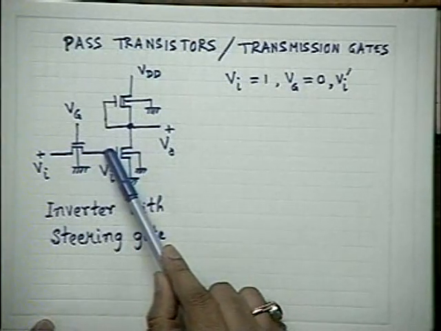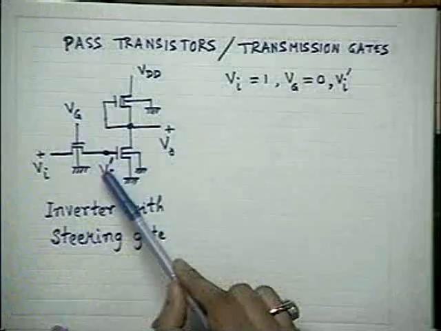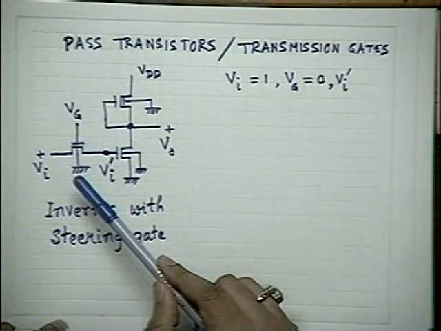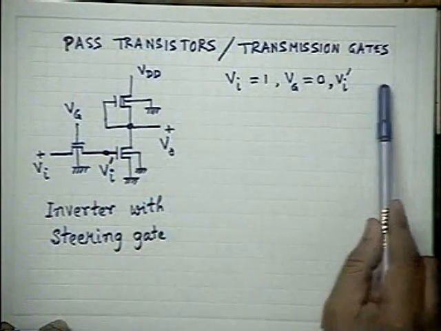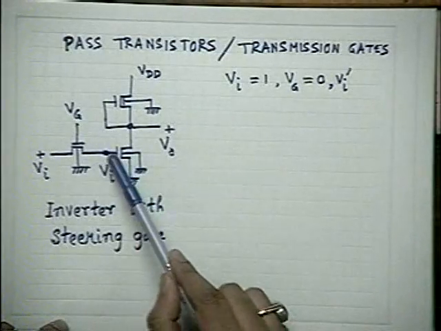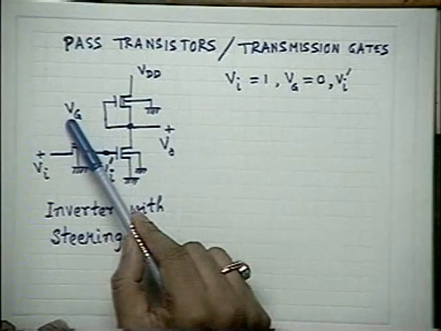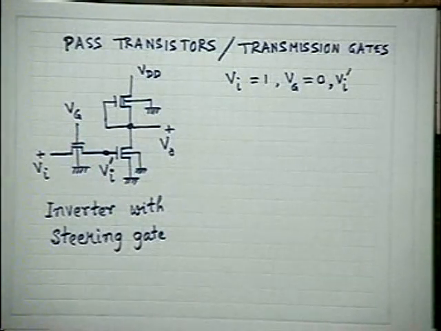Now, Vi dash depends on the initial state. If Vi dash was 0 in the last state, then it will retain that 0 state. But if it was 1 in the last state, it will retain the 1 state if you don't wait for a long time.